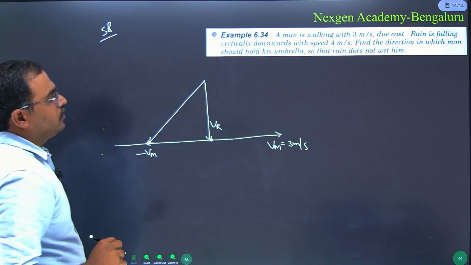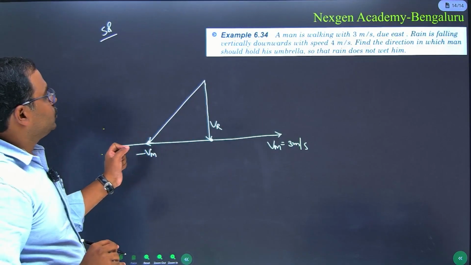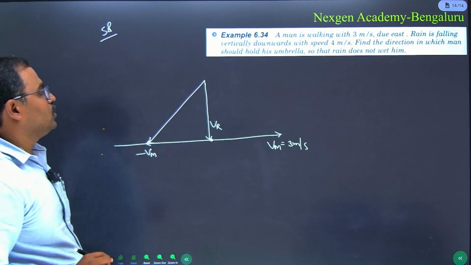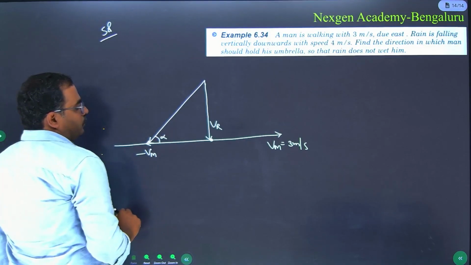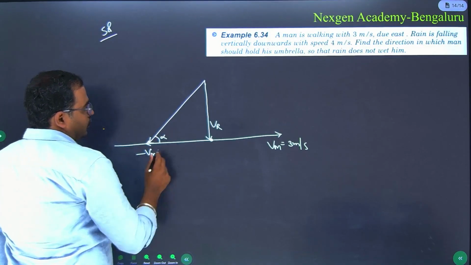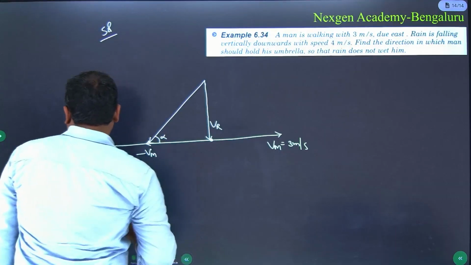Now we have to find the direction in which the man should hold his umbrella so that rain does not wet him. Let me take this as alpha, and the man has to hold the umbrella in this direction.